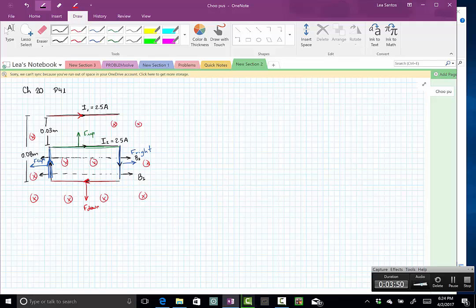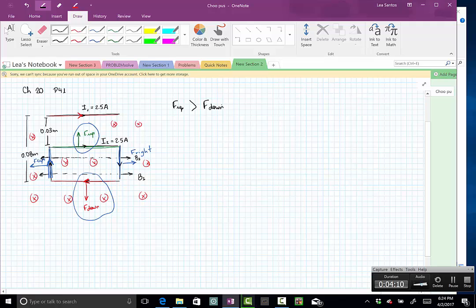This is not true for the force pointing up and the one pointing down. The force pointing up is stronger, its magnitude is bigger than the force pointing down.